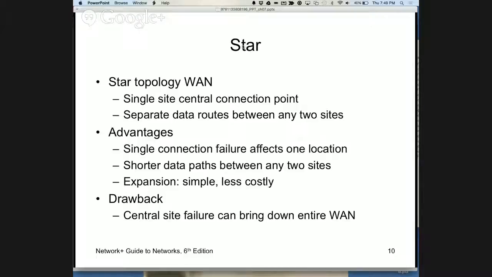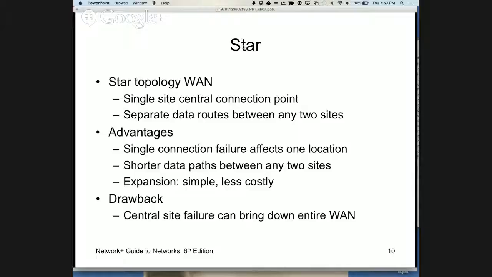Star is the latest, just like in the LAN environment, this latest topology. You have a single, centrally located site, with separate data routes between it and all the other sites, for any 2 sites. Advantages: a single connection failure affects only one location. So if building 1 fails in the ring, it's gone, the whole network's gone.